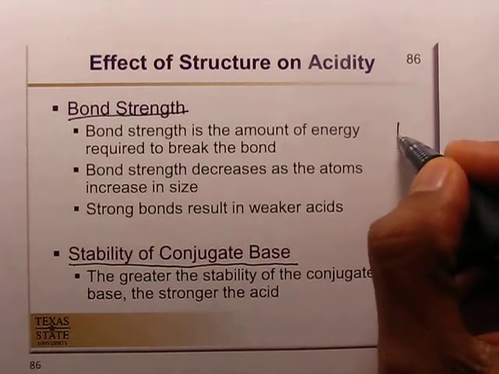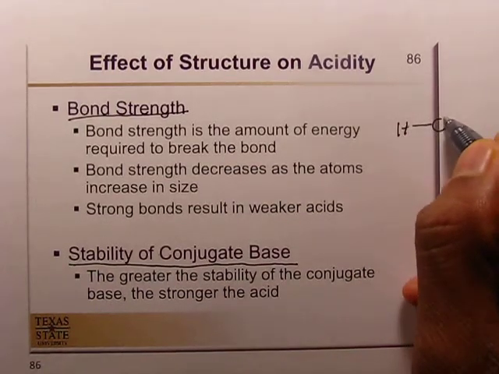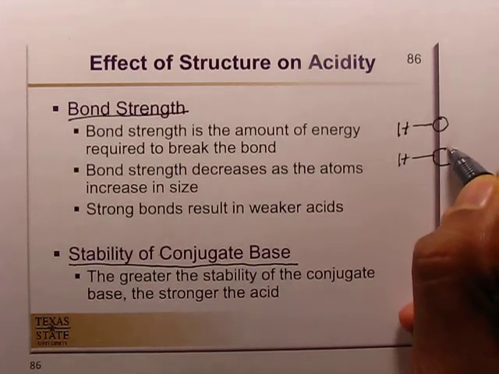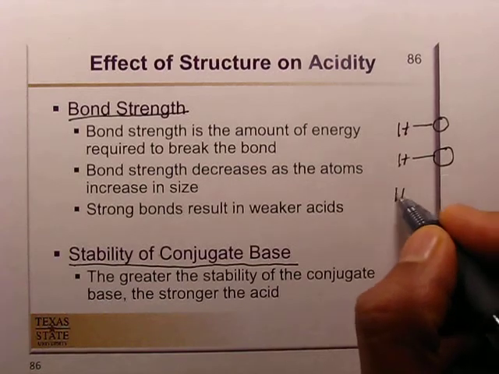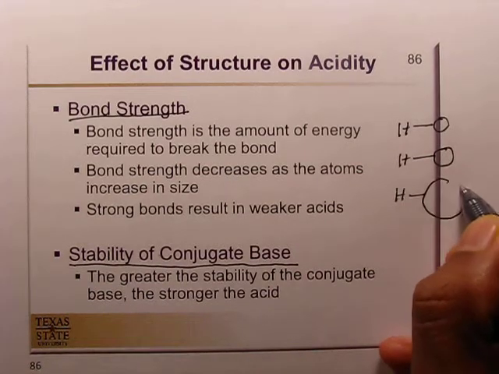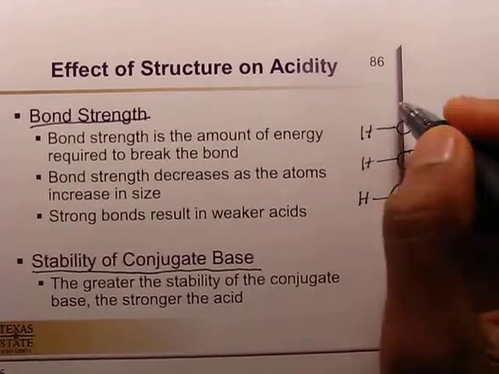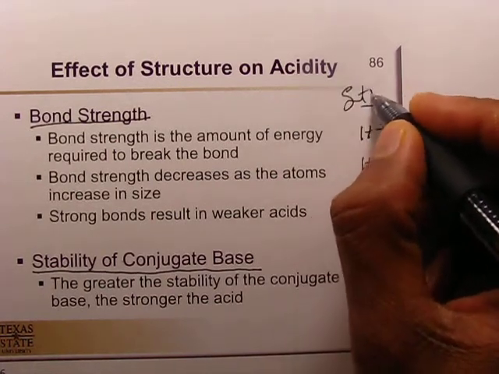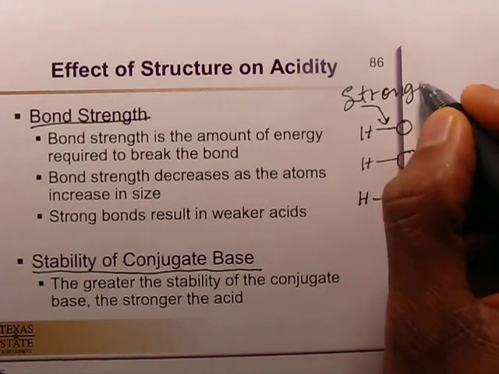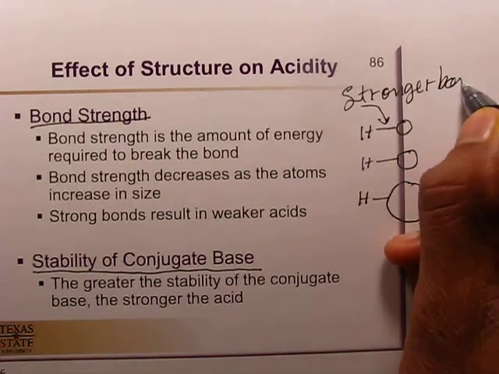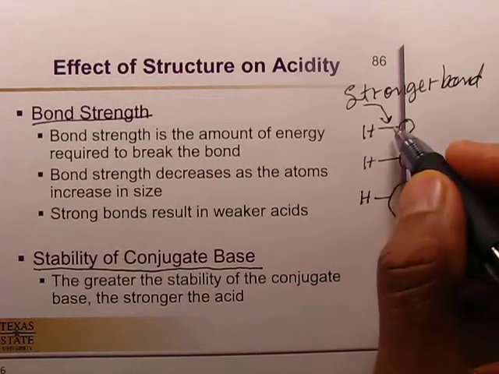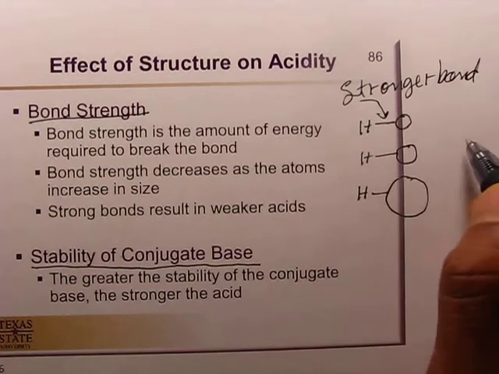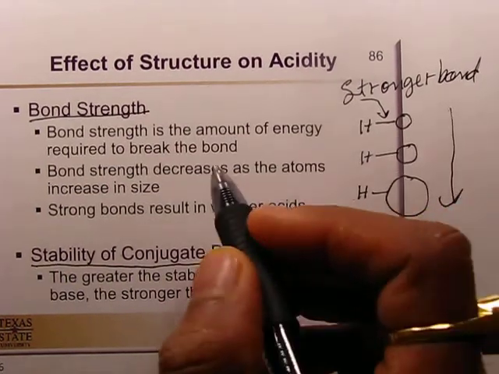For example, if hydrogen is attached to a small atom, or hydrogen is attached to a slightly larger atom, or hydrogen is attached to a very heavy atom, this bond will be a stronger bond. It means we have to give higher energy to break this bond compared to the other atom.